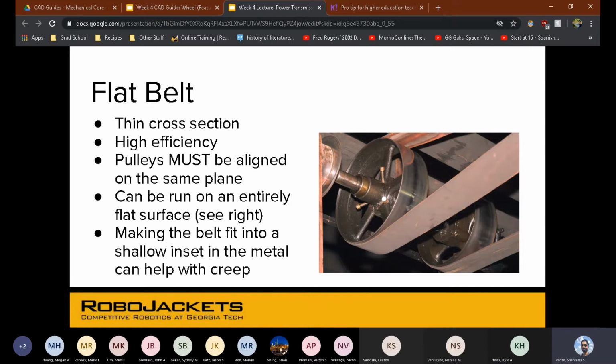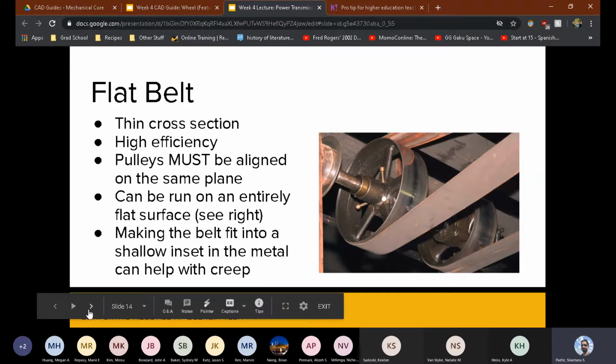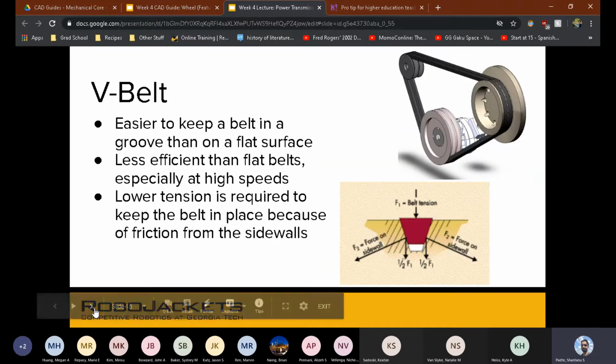So the belt generally has a thin cross-section and high efficiency, and you can just run it on an entirely flat surface. And you can make the belt fit into a shallow inset in the metal, and it can help with the belt creep, where it just slightly moves around.